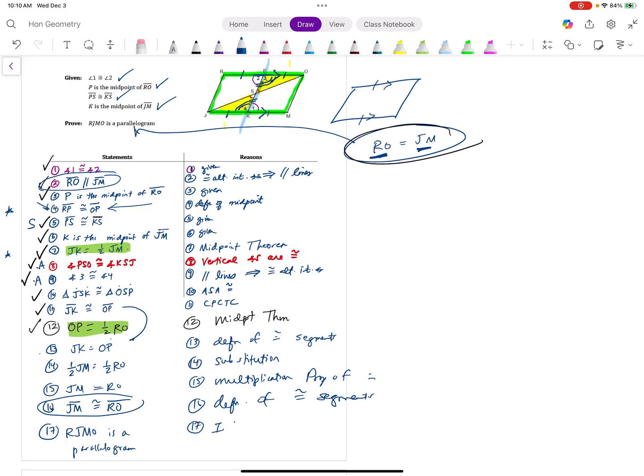Because if a quadrilateral, I didn't like quadrilateral. Let's try it again.